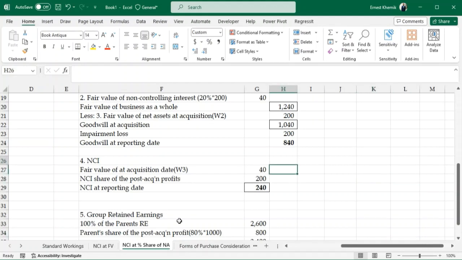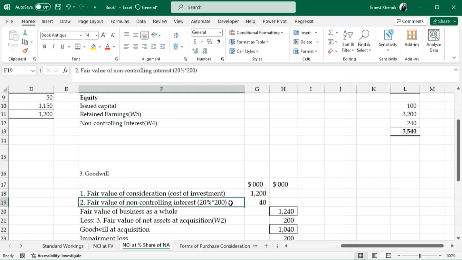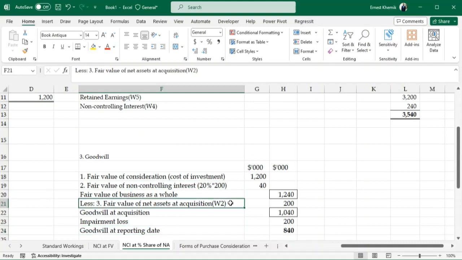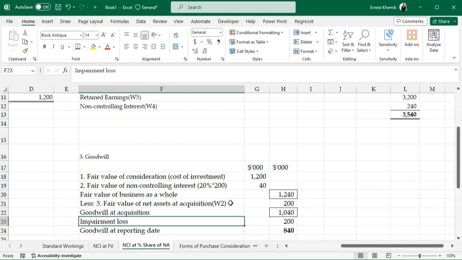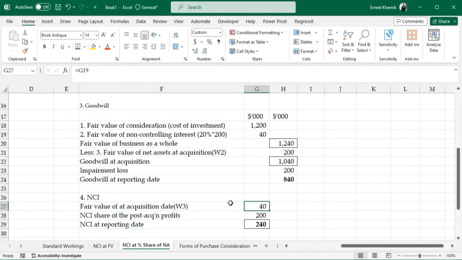The net assets in the net asset schedule, this 200 figure here, is excluding the goodwill portion of our goodwill calculation. So since it is excluding the goodwill portion, if goodwill is impaired, we do not have to attribute any impairment loss to the NCI.